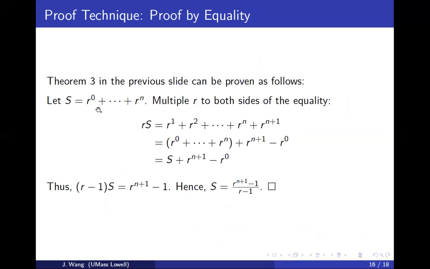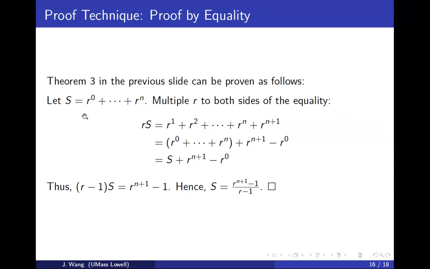In the previous example, we used induction to prove that R to the 0 plus R to the 1 plus and so on, plus R to the n is equal to R to the n plus 1 minus 1 over R minus 1. Now that equality can also be derived using this technique. So it is actually a construction technique.